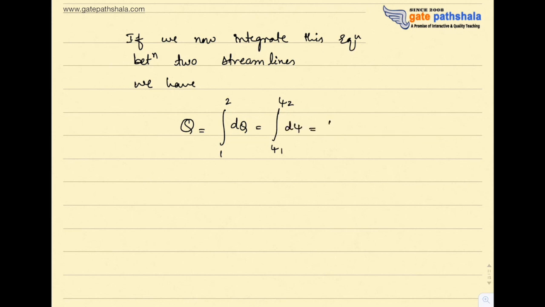This will be written as psi 2 minus psi 1, which is d minus c. Fine. Let's name this equation as 5. Okay.